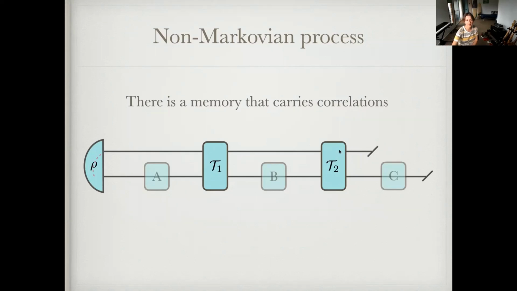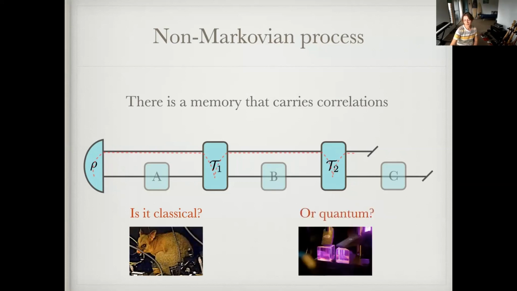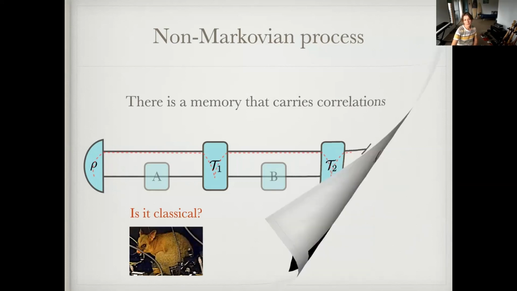It's an interpretation that the environment is taking information from the system, and given that it's affecting over here, and given that and that, it could be affecting over here. And then we ask the question whether this memory that carries these correlations can be represented as a classical memory or a quantum memory. Let's see.